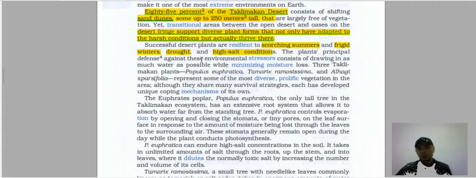And if you continue reading, you can see here the word environmental stressor consists of drawing in as much water as possible while minimizing moisture loss. These three technical plants, Populus euphratica, and Tamarix ramosissima, and you can see I have got some difficulties reading these words because I have never come across these words, and I don't need to know these words' meaning either.